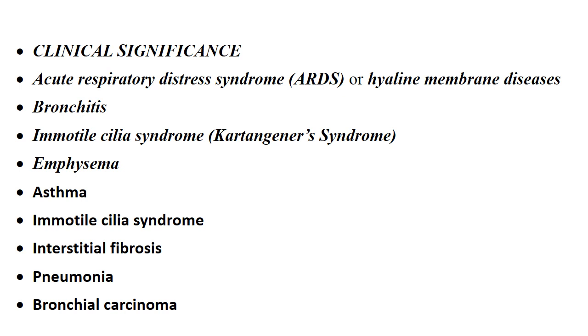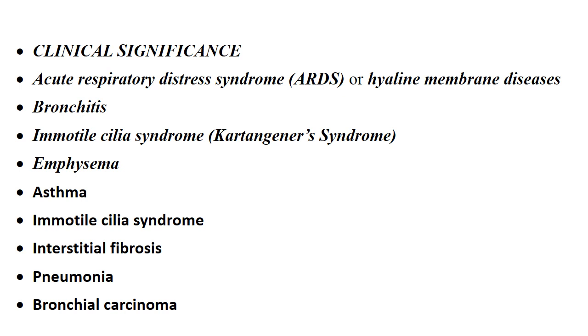Then the next clinical condition is emphysema. Emphysema is abnormal permanent dilatation of airways, and it occurs distal to the respiratory bronchiole, that is, in the respiratory part of the respiratory tract. Mostly the cause is either chronic cigarette smoking or exposure to air pollution for a longer period.